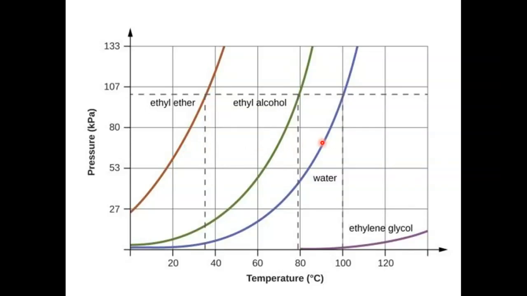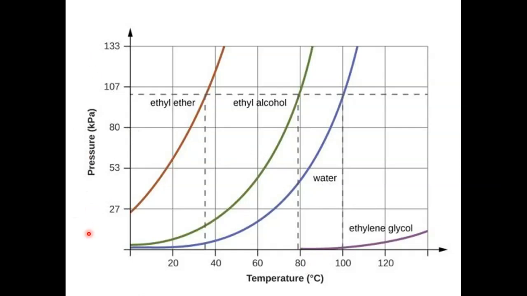The water line is the one I'm interested in. And come down. What do you estimate it to be around? 90. I looked it up just to be super pedantic about it. So it's about 90. It's a lot different than 100, isn't it? Okay.